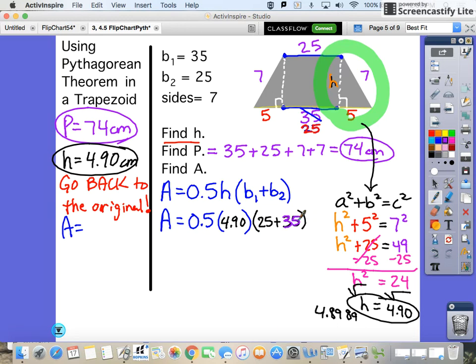Again, back to the original. So I have to do as much of this mentally as I can. I'm going to do half of 25 plus 35 is 60. The commutative property says I can move this to the front, so I moved it here. Half of 60 is 30.